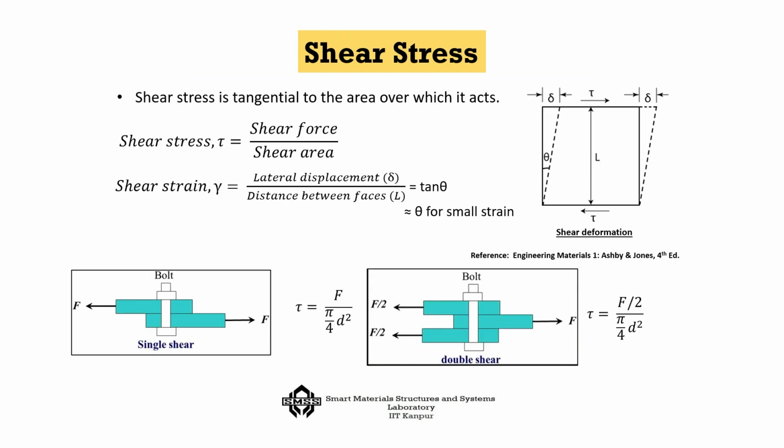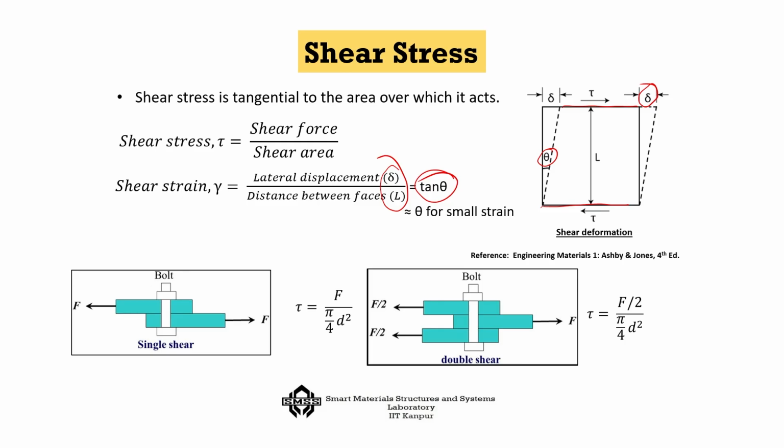Now, there can be another type of stress, that is the shear stress. In this case, you are applying the force on the surface, not perpendicular to the surface. We saw in the last class for torsional design how the shear comes. With respect to this surface, the top surface has moved by an amount delta, and hence for such a case the shear strain, known as gamma, is delta over L. If you look at it geometrically, this is nothing but tan theta, and for small strain you know that tan theta becomes equal to theta.